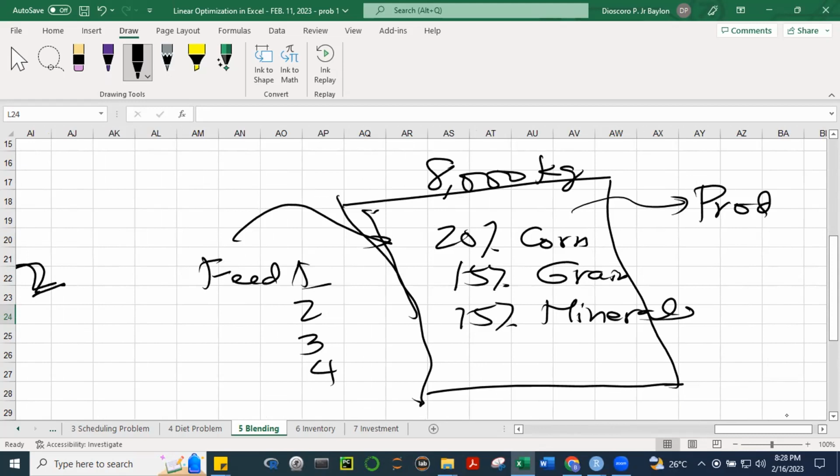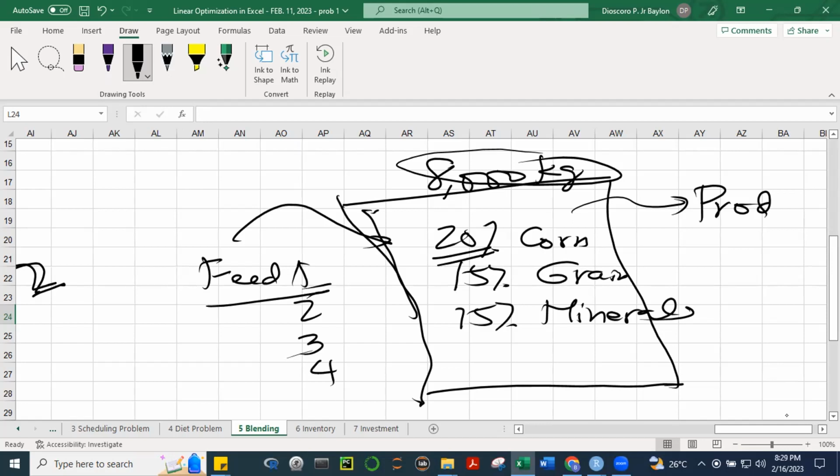So feed 1, feed 2, feed 3, feed 4 should be 8,000 kilograms. Now the question is the proportion: how many kilograms of feed 1, feed 2, feed 3, feed 4, so that the corn should at least be 20%. It can be more than 20% because it's at least 20%.